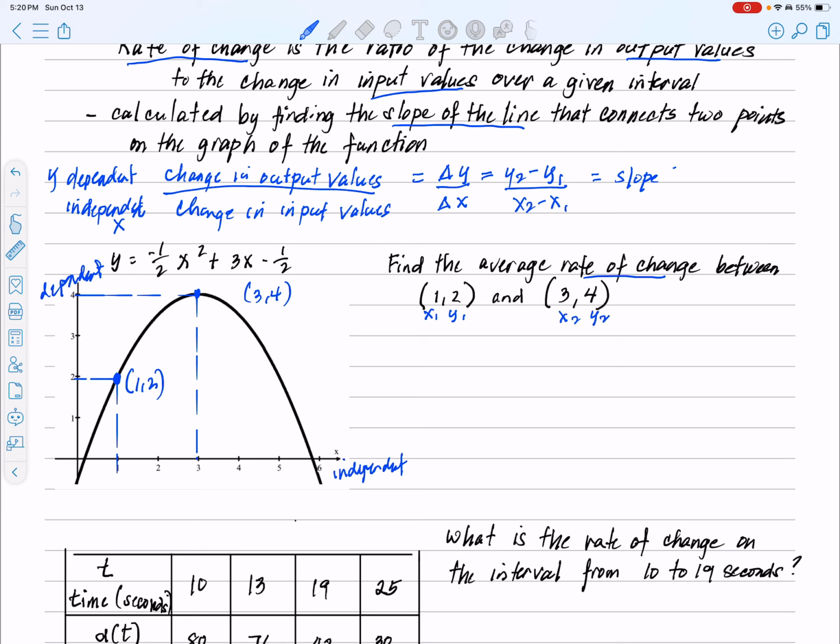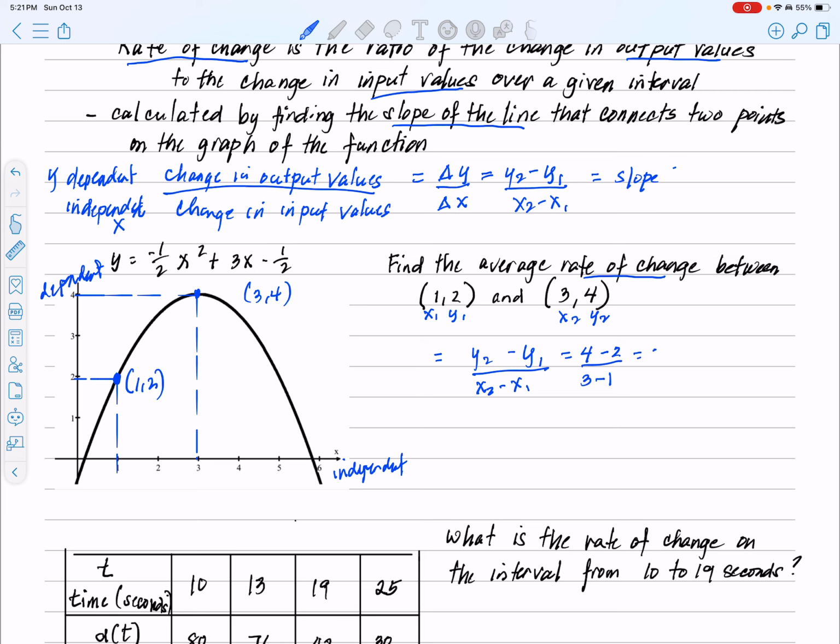So you could simply go straight by doing that, since the points can be seen in the graph. y2 minus y1 over x sub 2 minus x sub 1. So you have 4 minus 2, then your x sub 2 is 3 minus 1.